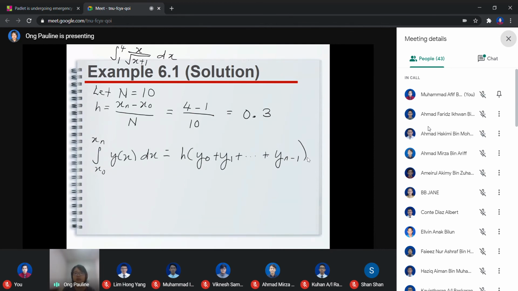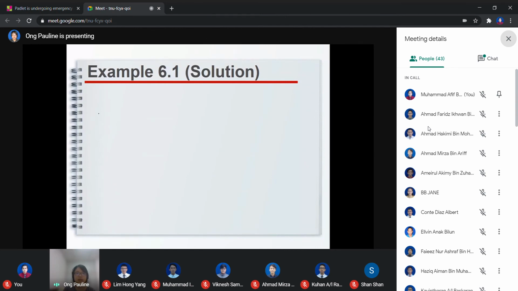For the trapezoidal rule, the table will look like this. This shall be the value for xi, and this shall be the value for the y-x, where the y-x will be the function that you want to integrate. So you know that you want to integrate from 1 to 4 of x over square root x plus 1 dx.